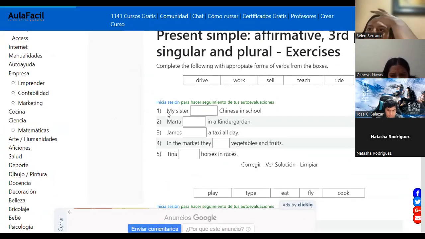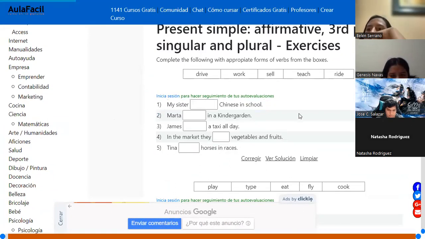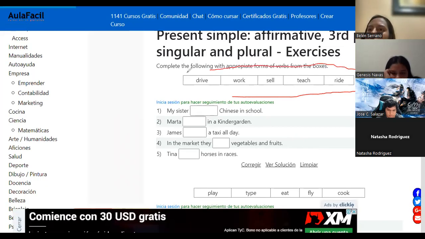Now we have 5 sentences and we have 5 verbs. Genesis, can you please read the 5 verbs? Drive, work, sell, teach, write. Very good. What does sell mean?